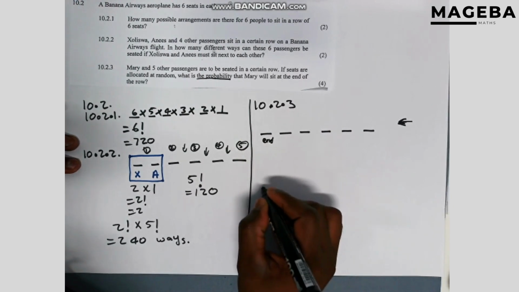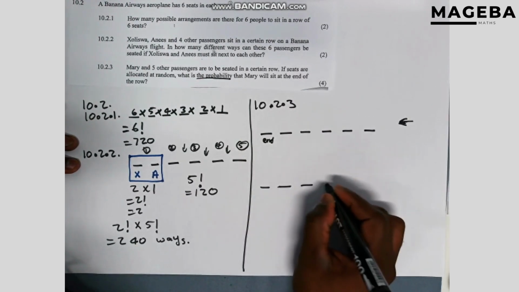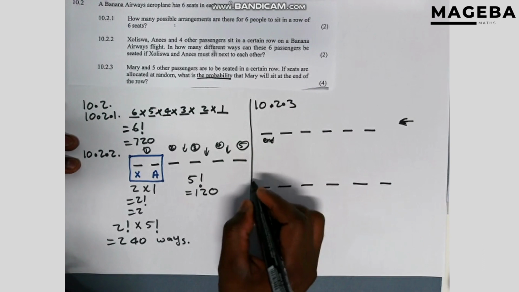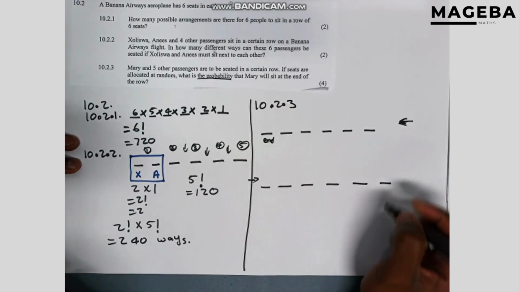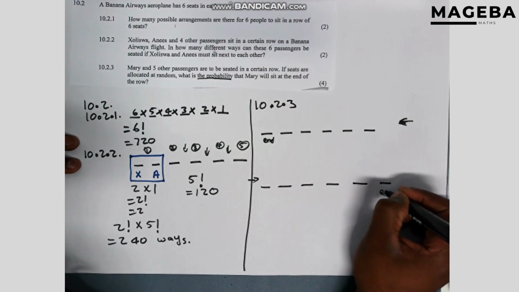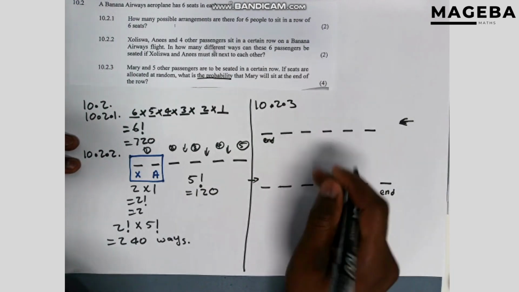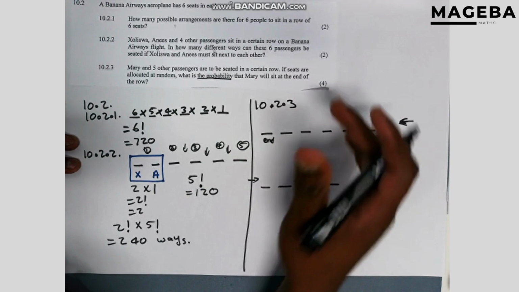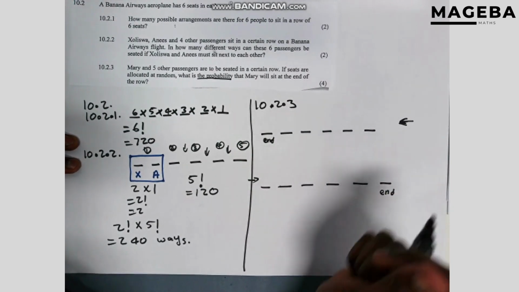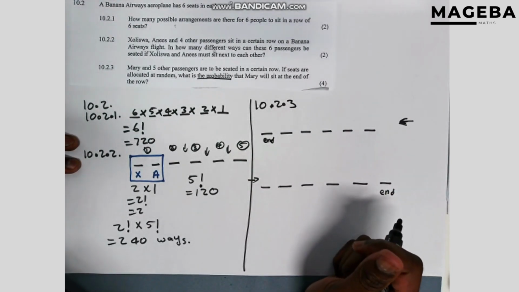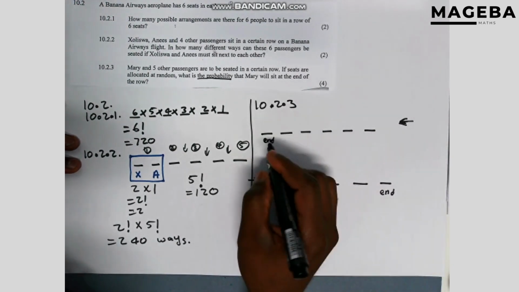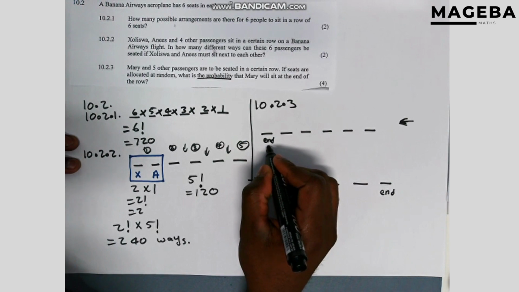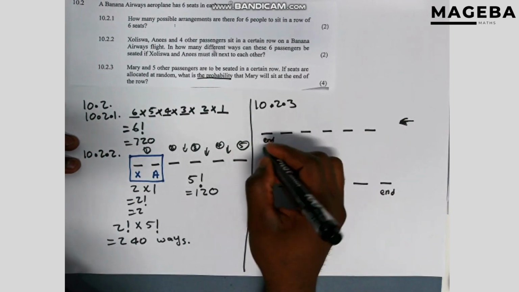So if I come from the other side, what is the end of this row? It is this side. This is the end. So we need to calculate both of them and add them, and then we can find the probability. So let's say Mary ends here, coming from this side.